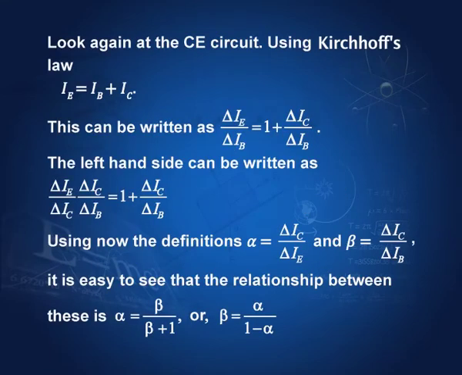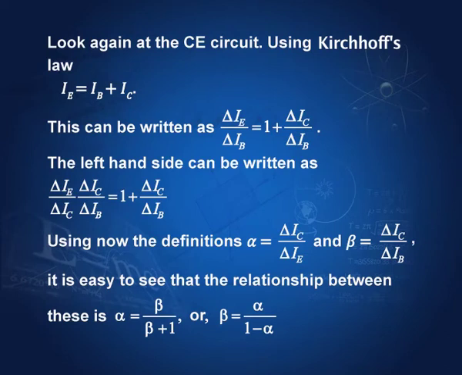So IE is equal to IB plus IC, and now you divide by delta IB: delta IE by delta IB is equal to delta IB by delta IB, which is 1, plus delta IC by delta IB. The left hand side can be written as delta IE by delta IC into delta IC by delta IB, and this is 1 plus delta IC by delta IB.